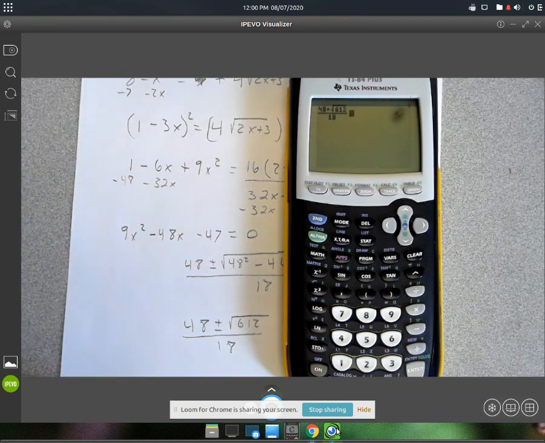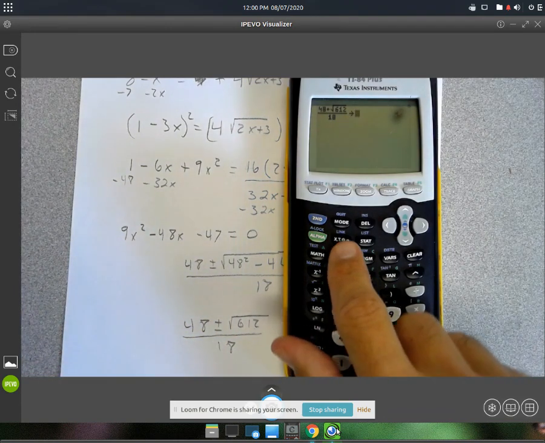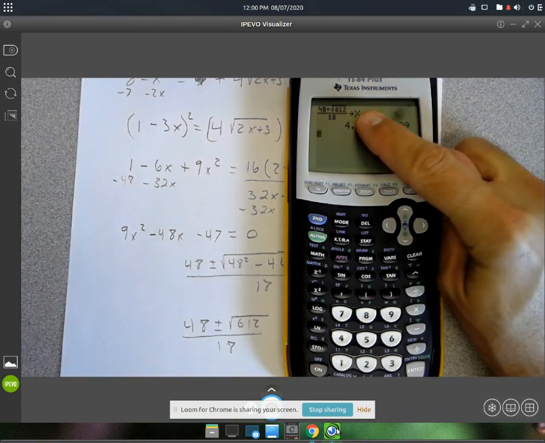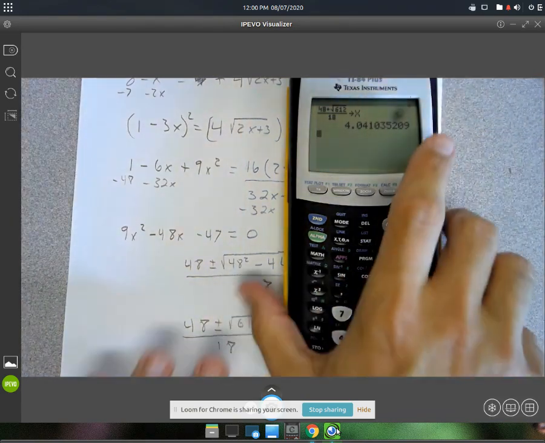I know I haven't simplified it, but I'm going to see if it works. If it works, then I'll go through the work of simplifying it. And I'm going to store that to x. All right, enter. So my calculator believes that x is equal to all that stuff.